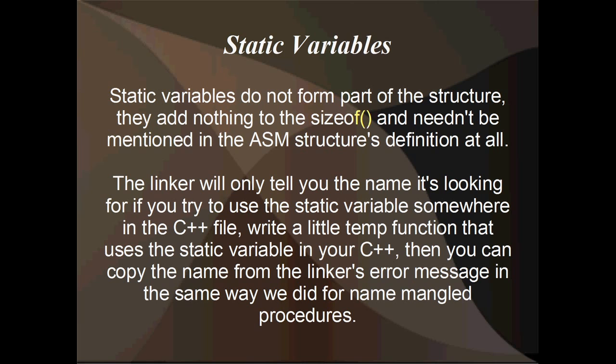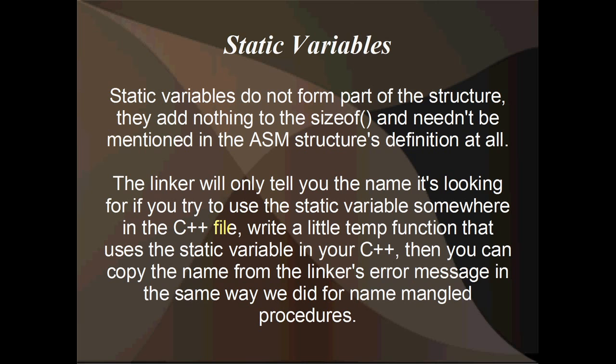You might have noticed in C++, if you take sizeof and then you define 20 static variables in your class, the sizeof operator is going to return exactly the same size. You needn't mention them at all in your assembly structure definition, and the linker is only going to tell you the name it's looking for if you try and use the static variable in C++ somewhere.